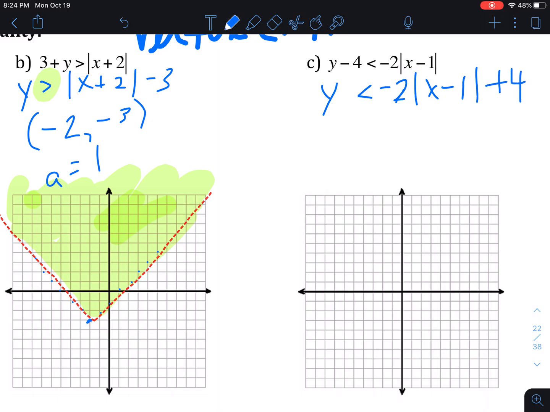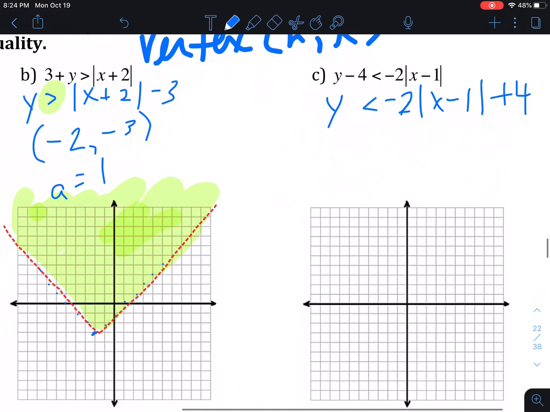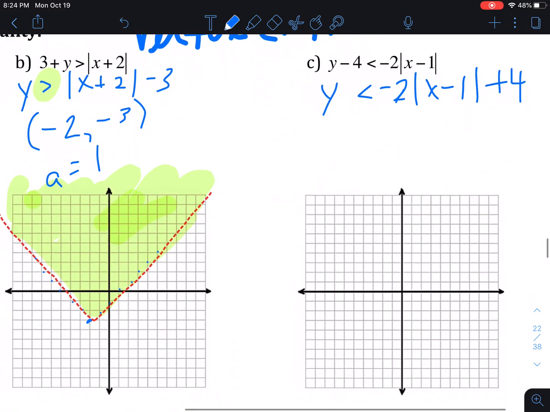So now it's in vertex form, as you can see here. My vertex is (1, 4). My A is -2. So that means I'm going to have a reflection. It's going to open downward.